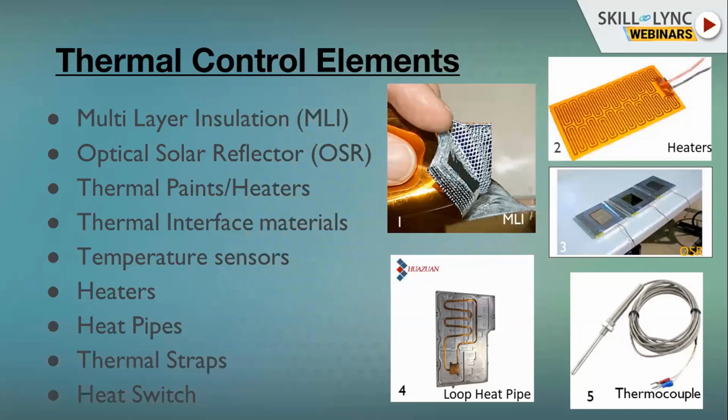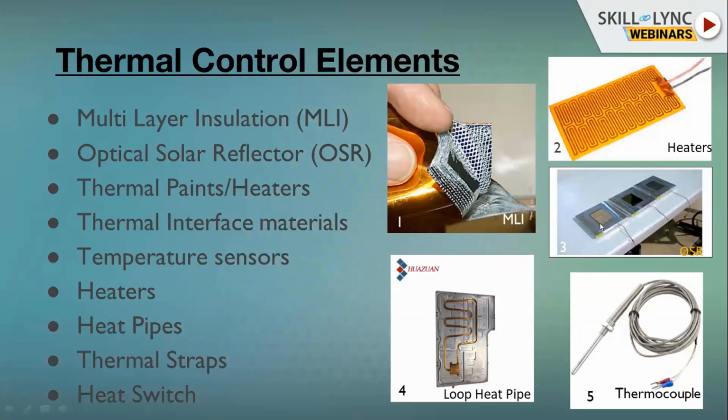Second come the optical solar reflectors. Optical solar reflectors are basically quartz below which silver is plated. If you see image 3, here you see these thin tiles, which are basically quartz coated with silver.